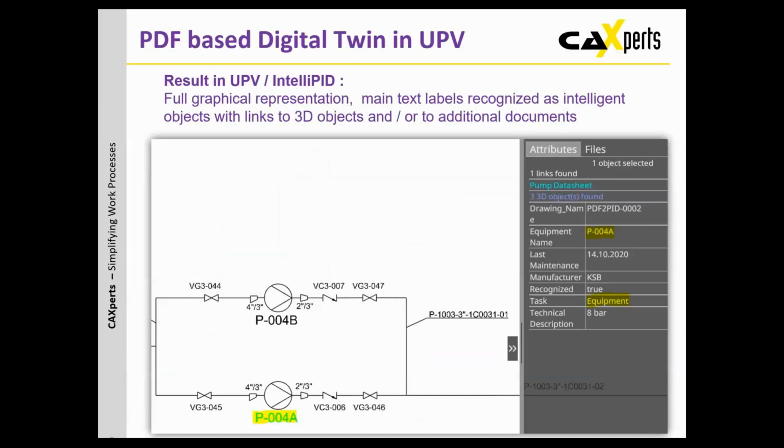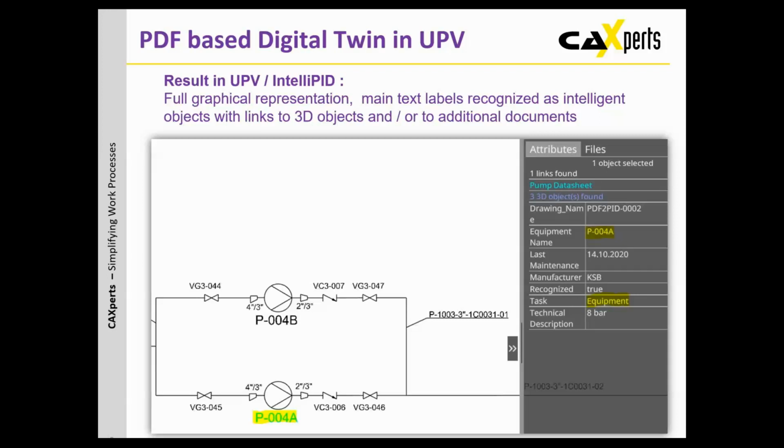Okay, this is now the first slide which shows the result within UPV. So the graphical part will come as it is in the PDF file. The recognized texts, like in this case the P-004B, will be recognized as an equipment, and it will get those two properties, equipment name and task, from the adapter.